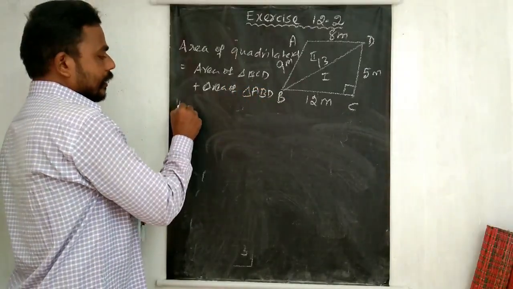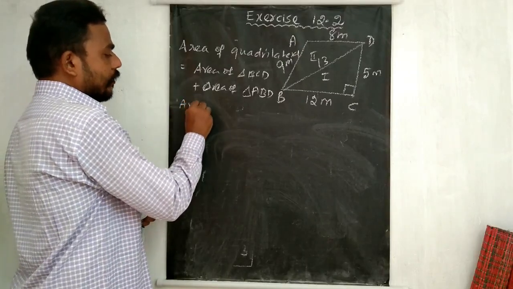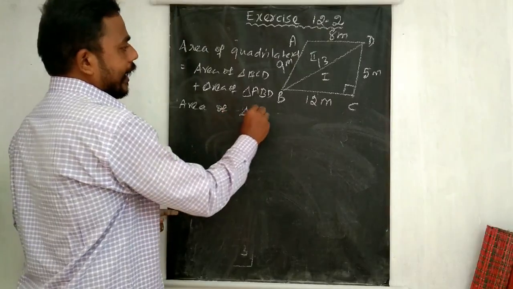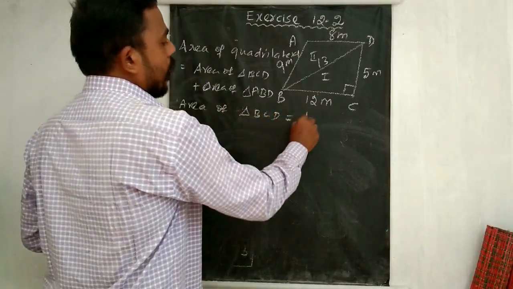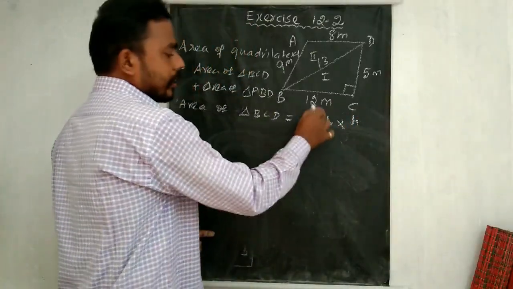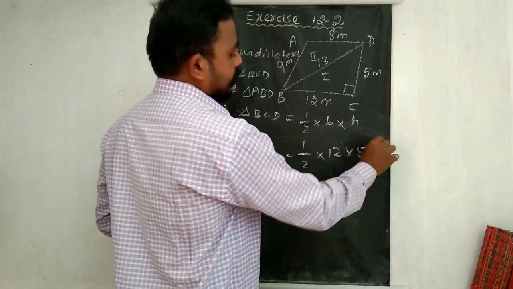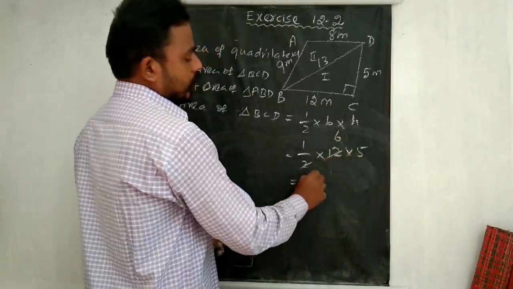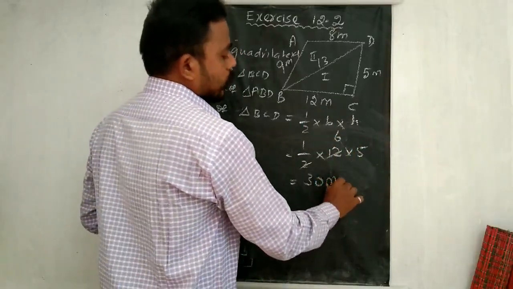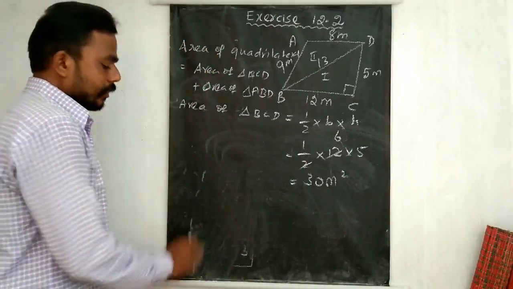First, area of triangle BCD equals half into base into height. Why? Because we know the base and the height. So 1 by 2 into 12 into 5, so 6 into 5, 30 square meters. So the area of the first triangle BCD is 30 square meters.